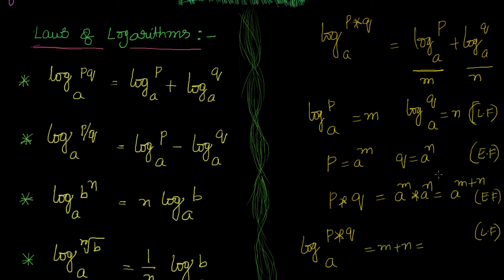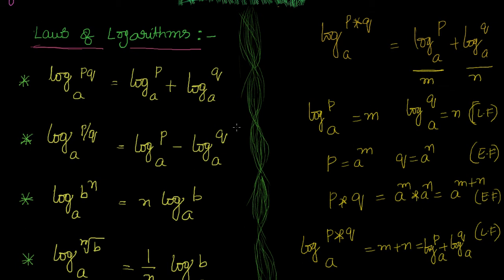But m is log of p to the base a, and n is log of q to the base a, so it equals log of p to the base a plus log of q to the base a. That is what we had to prove. I think it's pretty simple, right? We are just manipulating them, moving from logarithm form to exponential form, leveraging the property of exponents.